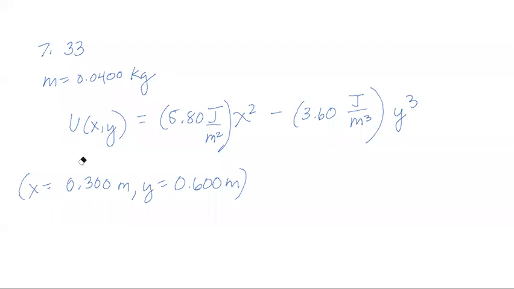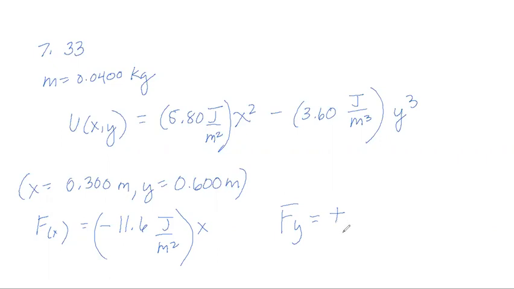All right, so F of x is going to be equal to negative 11.6 joules per meter squared times x. And F of y is going to equal a positive, right? Because I already have the positive 10.8 joules per meter cubed times y squared.